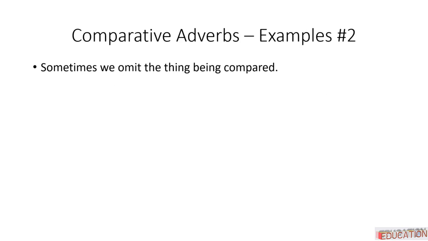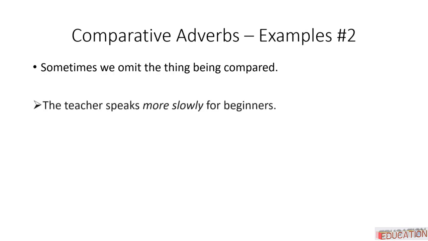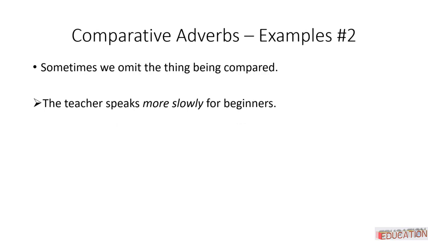And we do sometimes omit the thing that's being compared if it's clear what we're talking about. The teacher speaks more slowly for beginners. Now the thing that's being compared here is fairly clear, and it's the way the teacher speaks for non-beginner students. You need to work harder, implied: than you are now.